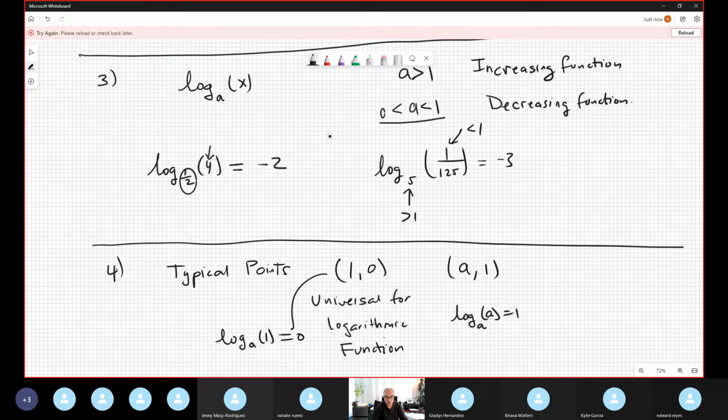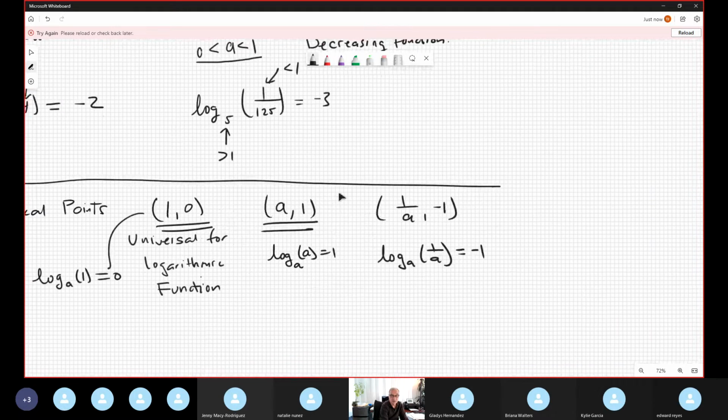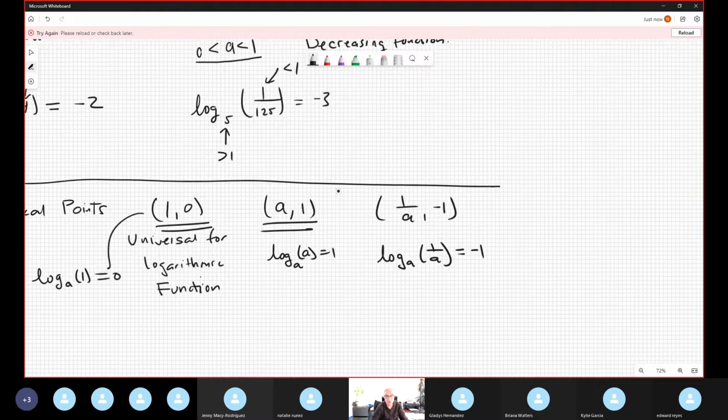So this idea is logarithm base a of 1 is 0. This is 1 typical point, 2 typical points, and another typical point is 1 over a, comma -1, which is the reciprocal, because logarithm base a of the reciprocal is equal to -1. Is this idea clear? The reciprocal somehow involves a negative exponent. Let me prove this part.